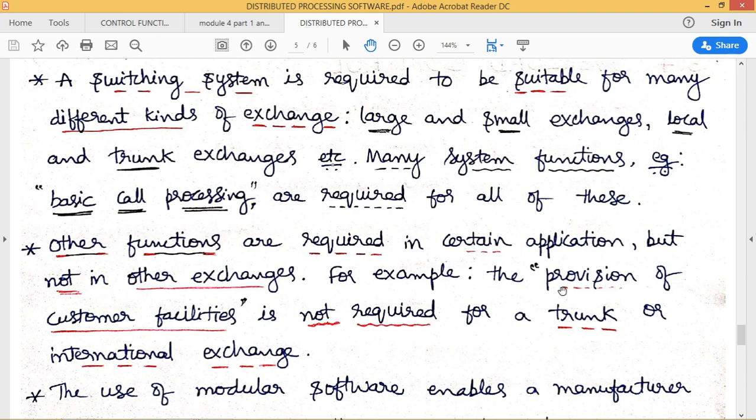The facilities provided for an end user, that is the customer, are not required in the case of a trunk exchange. Only those facilities must be made available in a local exchange, because the local exchange will be connected to the end users. Only certain functions are required by certain exchanges, whereas certain functions are not required by other exchanges.